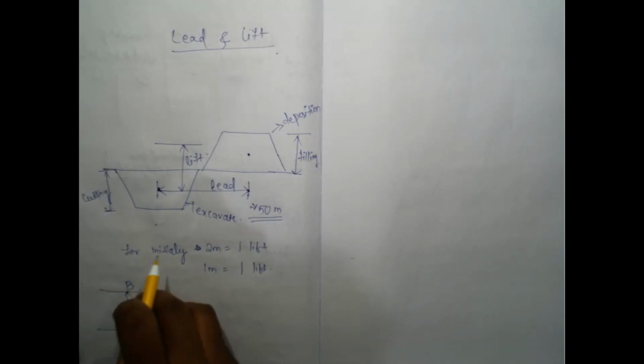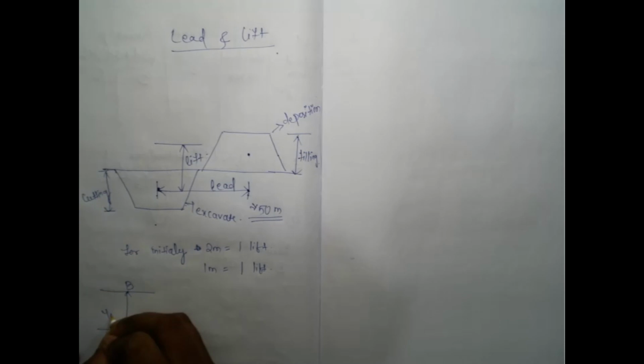So normally, if we see these two positions, this is point A and this is point B, and suppose the vertical distance between them is 4.5 meters. So what we will do is, for the first 2 meters we take 1 lift, then after 1 meter we take 1 lift, then after another 1 meter we take 1 lift. Now 0.5 meter is left, so we will also count that 0.5 meter as 1 lift.